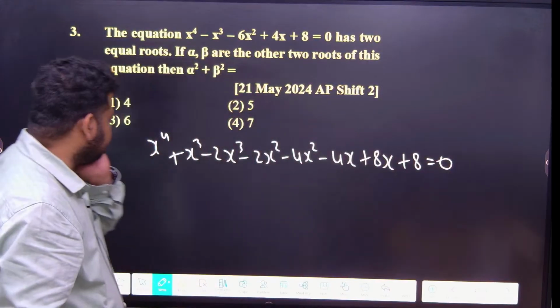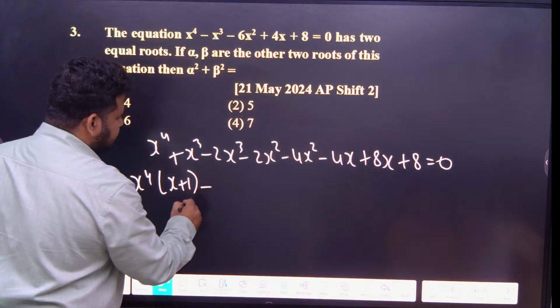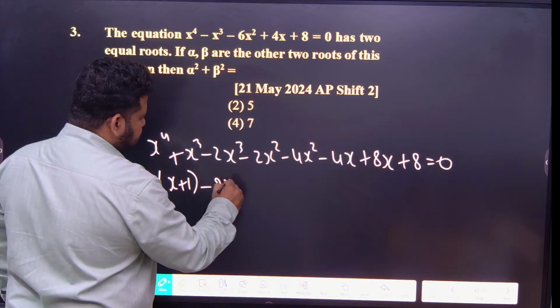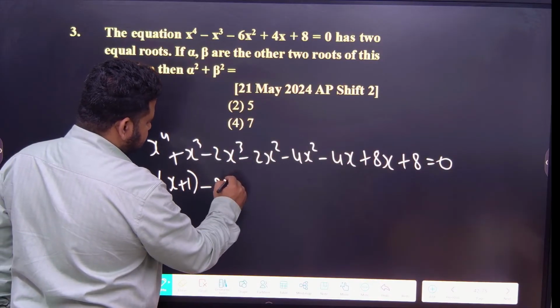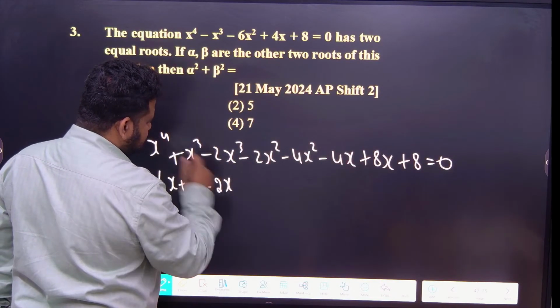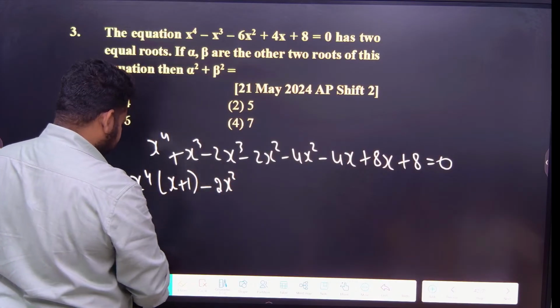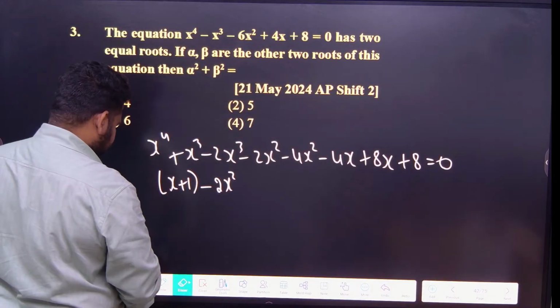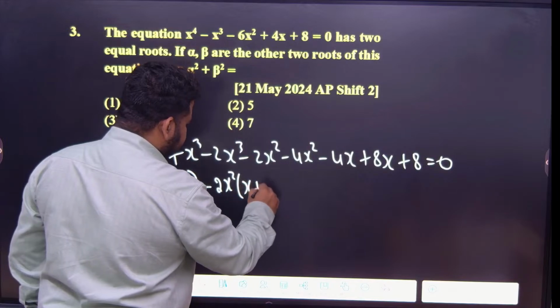Now we can take common x power 4 into x plus 1, minus 2x square, not 2x cube, this will be 2x square. Here x cube I should take common, so this will become 2x cube, and here if I take it common, this will become x plus 1.